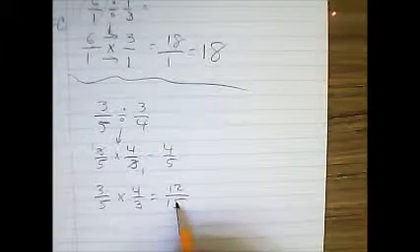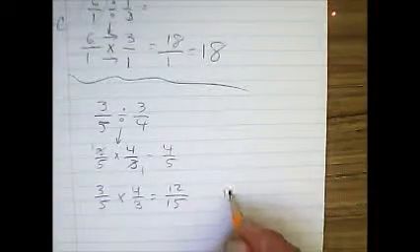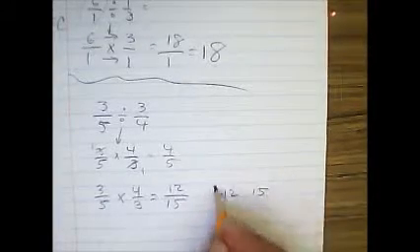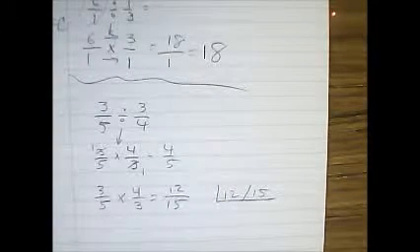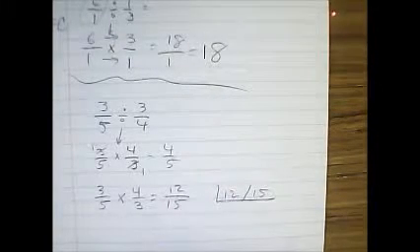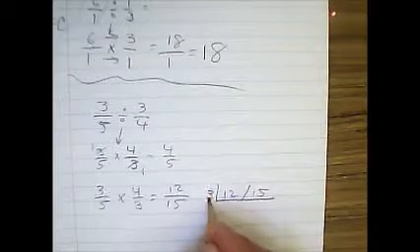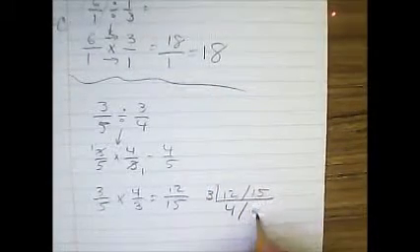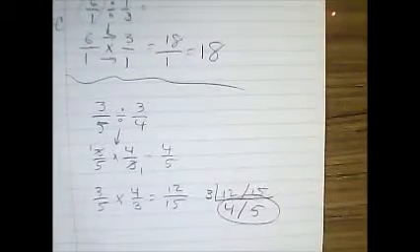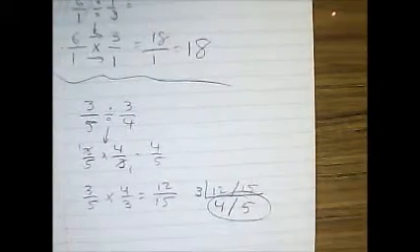Now, 12/15 by itself isn't okay. We're going to need to simplify that. What number could go into 12 and 15 evenly? What prime number? Three could. Three goes into 12 four times, into 15 five times, and that's simplified as far as we're going to get. So that's how we get our 4/5.